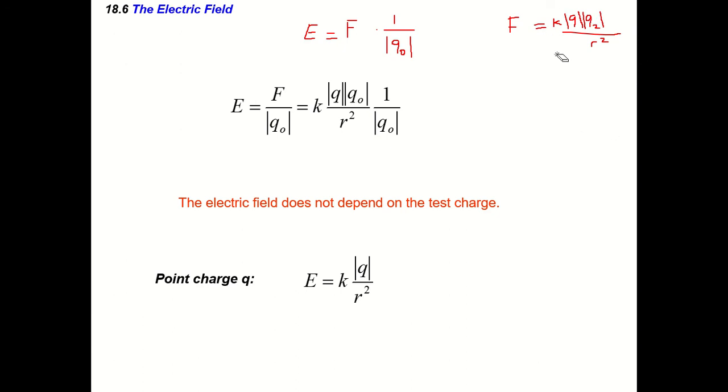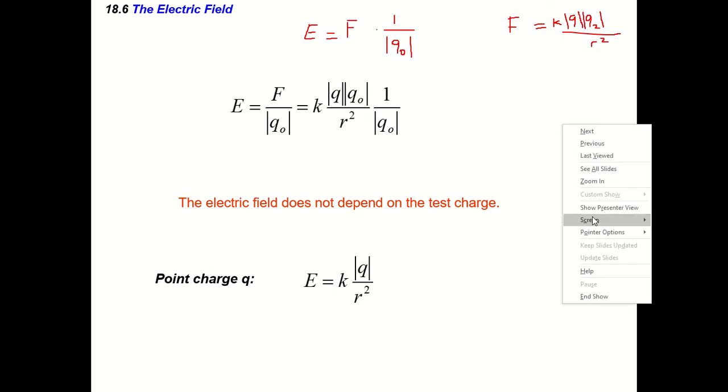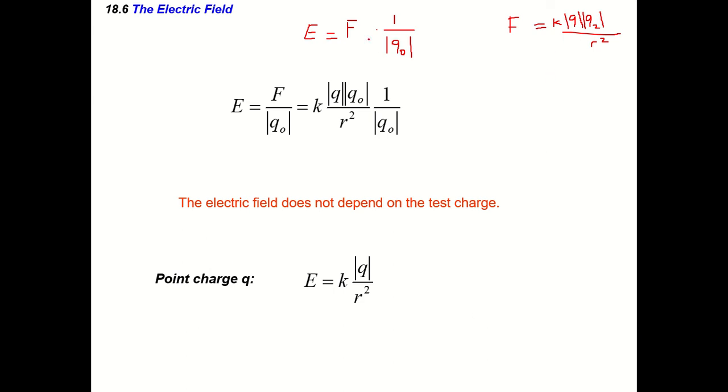Okay, so substitute this here. So what will happen is that when you substitute it here, you will get this. By the way, you can use Q and Q sub 0. It doesn't matter, class, this is just a subscript. You substitute this, so you have Q sub 0 in the numerator and Q sub 0 there, so when you divide it, that's equal to 1.